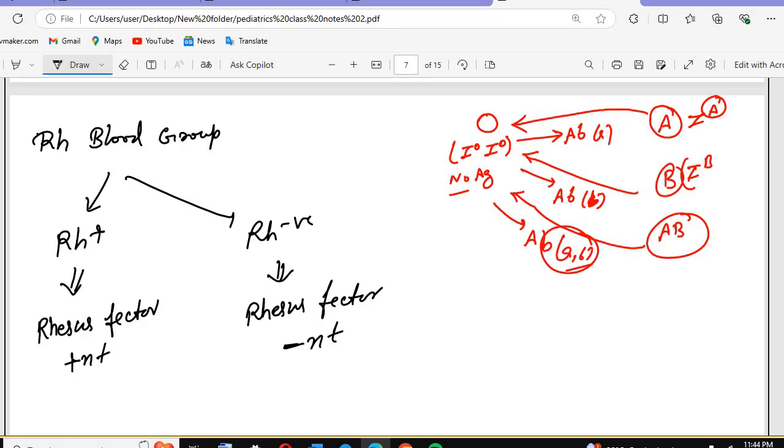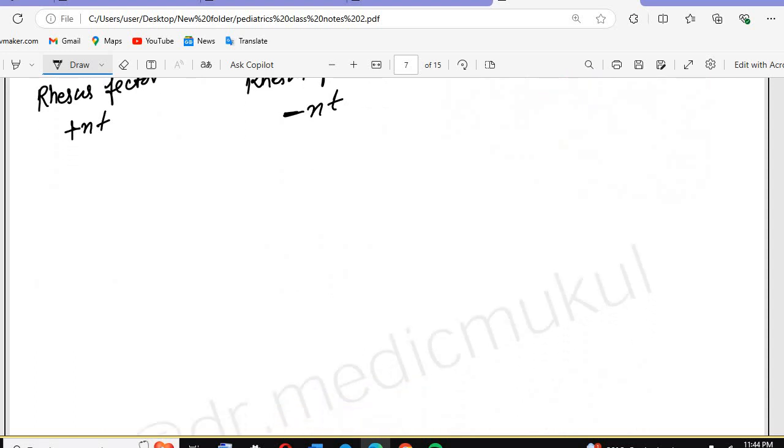Okay. For example, let's take an example of a mother and father. Let's suppose this is the mother and this is the father. The mother has blood group RH positive, and the father has blood group RH negative.